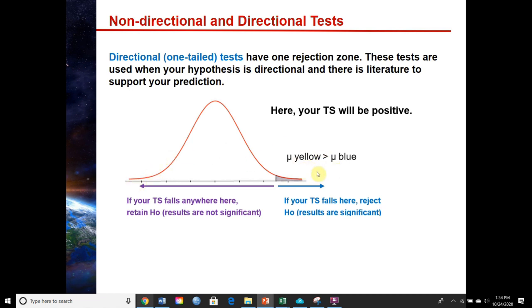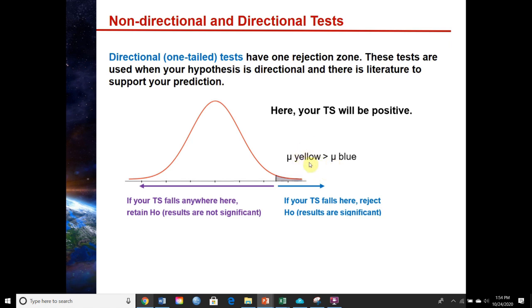But more important than whether your TS is positive or negative, have you correctly identified the tail that you're going to be in? All you really have to know is, are the means in the same direction as what I predicted?